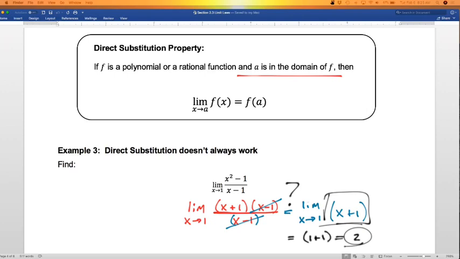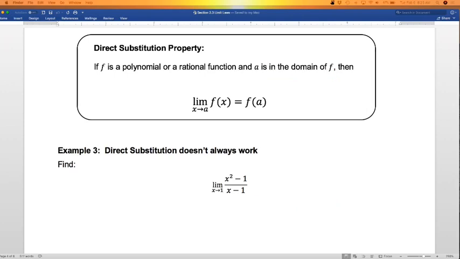We replaced the function f of x with g of x, g of x being x plus 1.